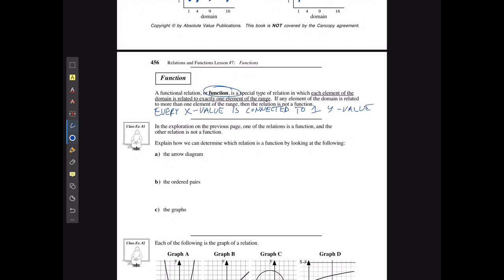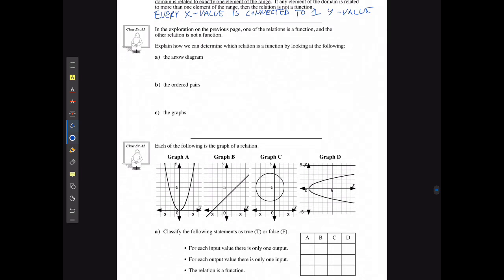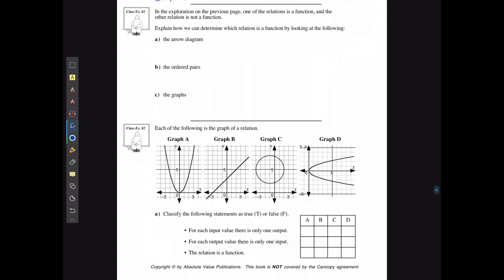So if I know my x, I'm only going to have one y value attached.